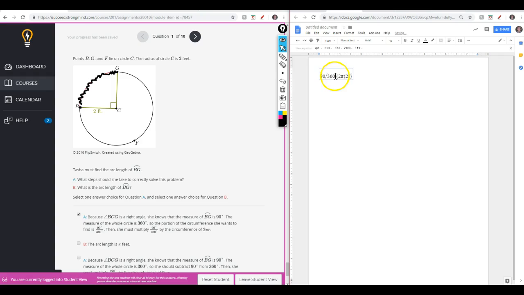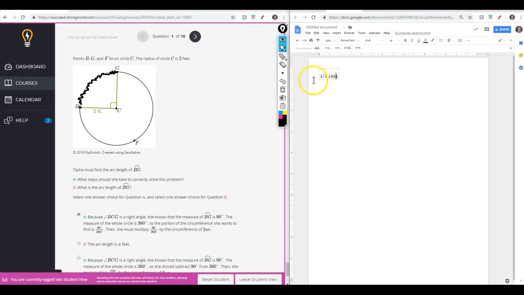So 90 divided by 360 can reduce down to 1/4, and 2 times 2 is 4. We are leaving the pi alone so that we don't end up with a lot of decimals later on.